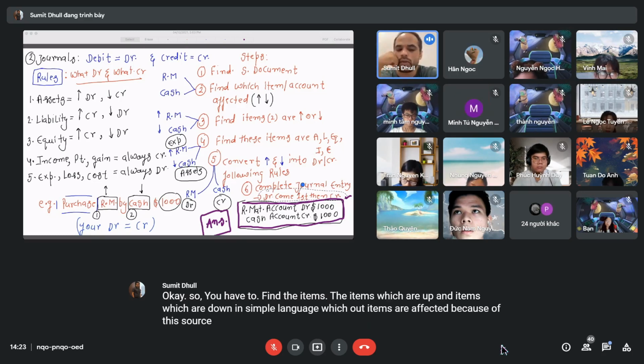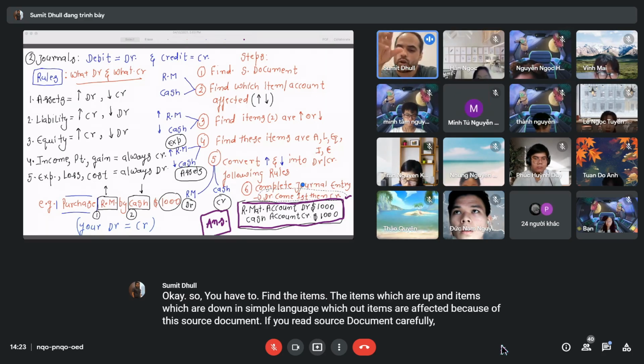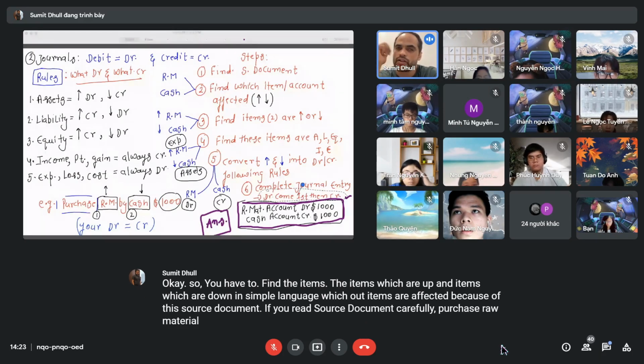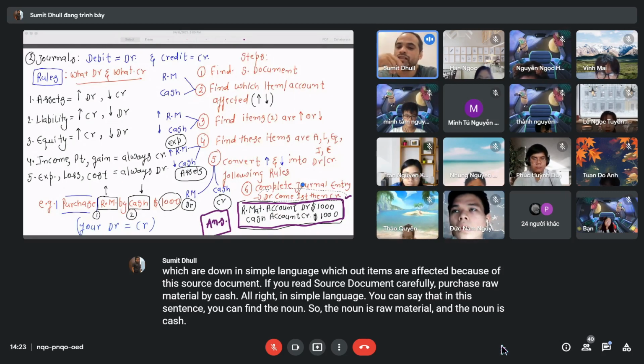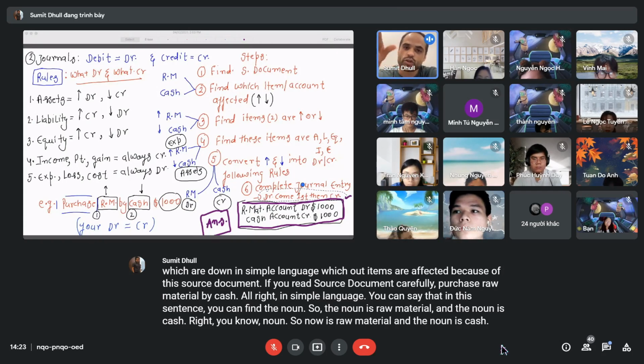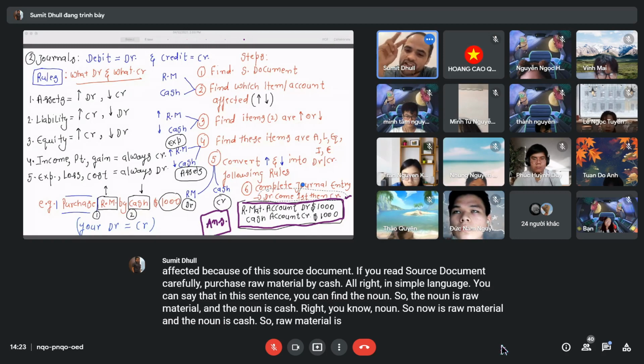If you read the source document carefully, purchase raw material by cash. In simple language, in this sentence you can find the nouns. So the noun is raw material and the noun is cash. So raw material is affected and cash is affected.